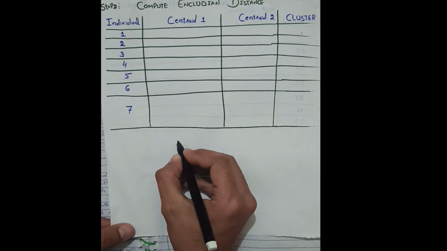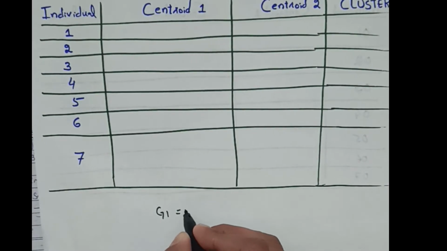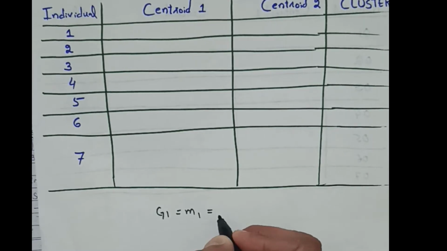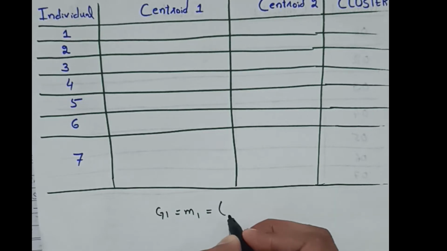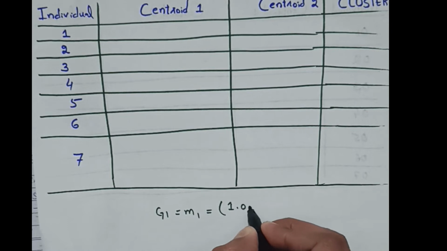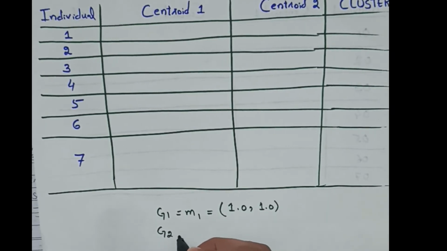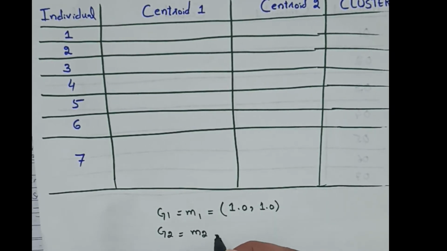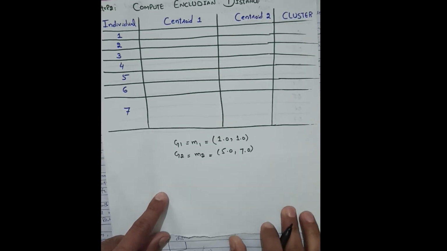Here I denote group 1 as G1, or M1. Its first variable value is 1.0 and its second variable value is also 1.0. The second group I denote as M2, and its first variable is 5.0 and its second variable value is 7.0.